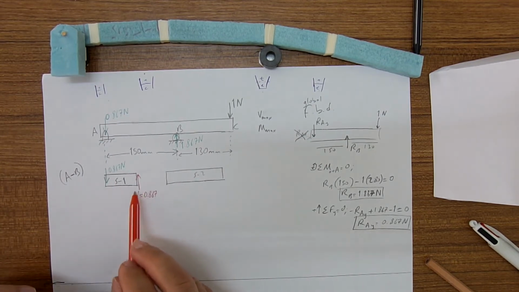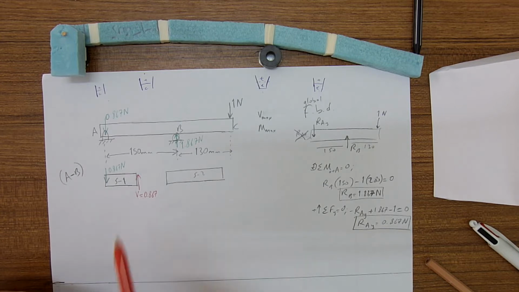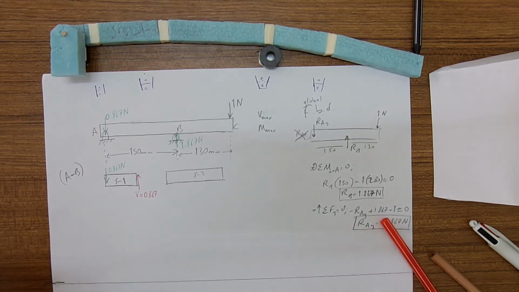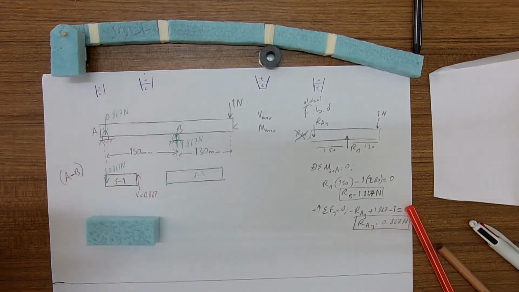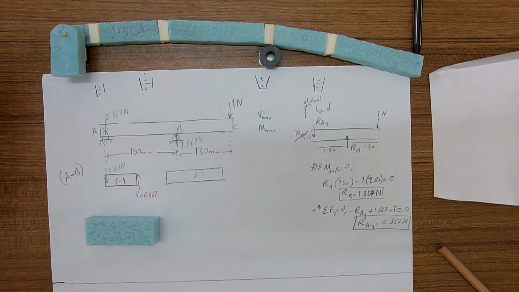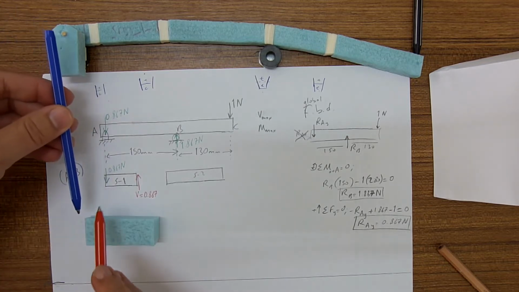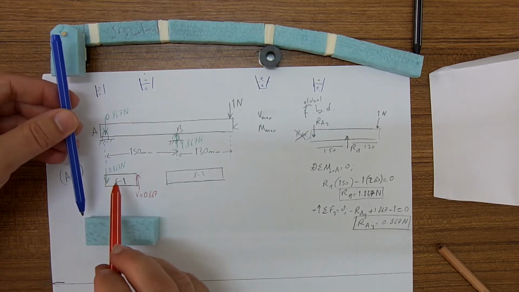Now we have drawn the internal shear force, but what about the moment? What should be the moment? And why do we need moment? This is the external load of 0.867.